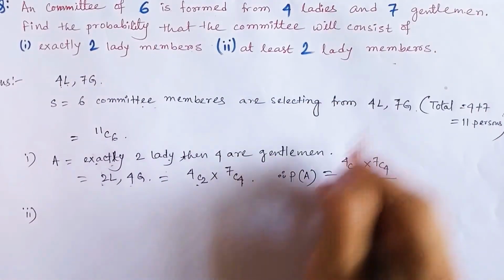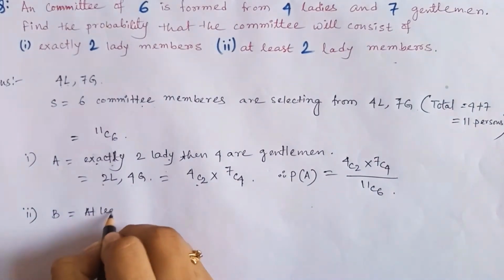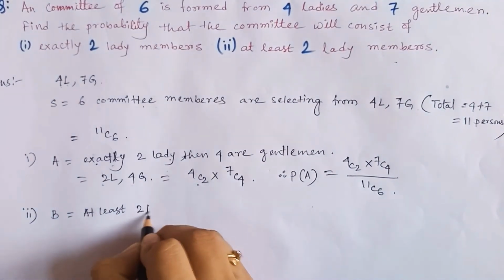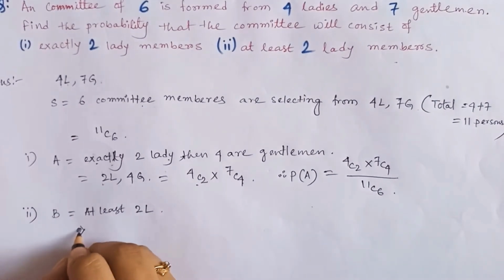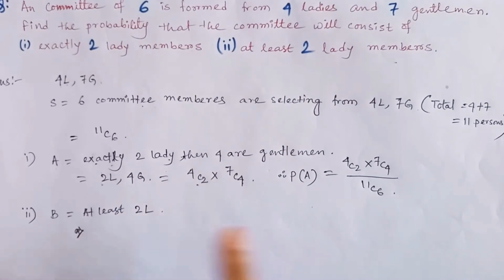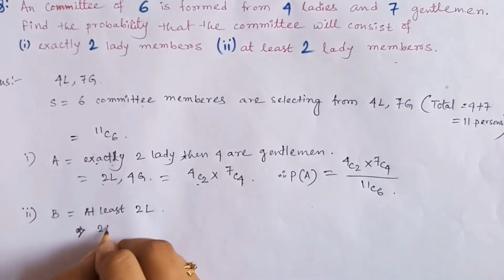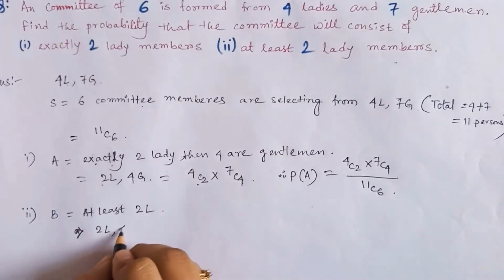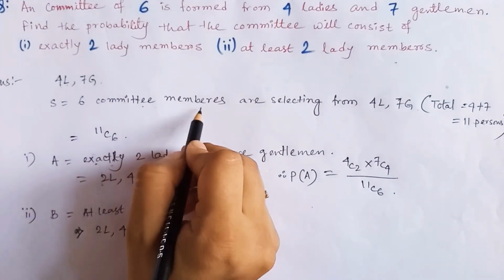Come to the second part. At least 2 lady members. So at least 2 lady means 2 or more ladies. So possible ways are 2 ladies and 4 gentlemen, because we are selecting 6 members.